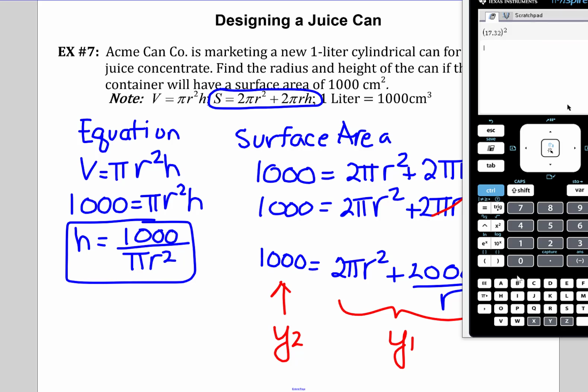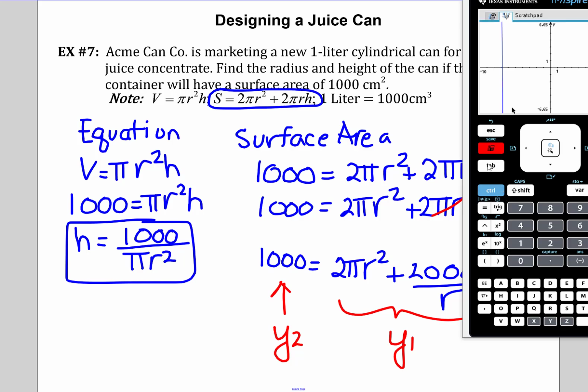Okay, so getting rid of those two equations, we're putting in 2 pi r squared, so I'm using x in place of the variable r, and 2,000 divided by x. So there's one equation, and then the second equation is 1,000.